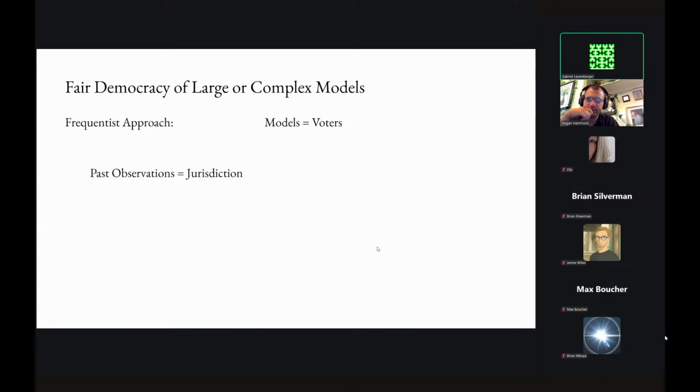I am not interested in politics at all, but I think it is easiest to understand like this. So the models are the voters and the past observations are the jurisdiction. What this means is just that the models that we consider here should agree with our past observations. And then the predictions are the candidates basically, and the models vote for these candidates.